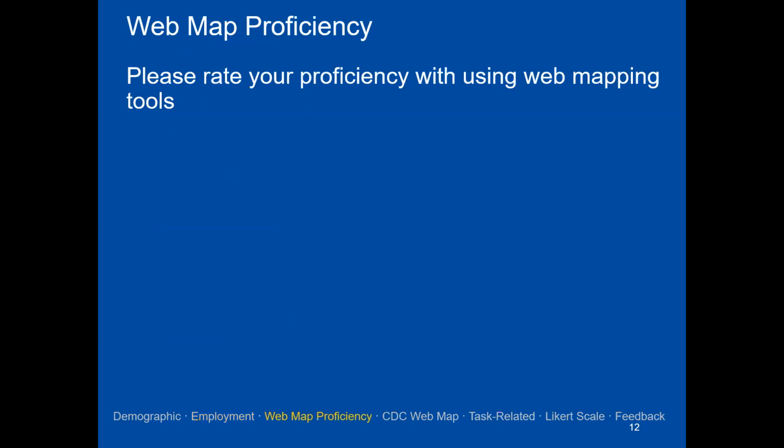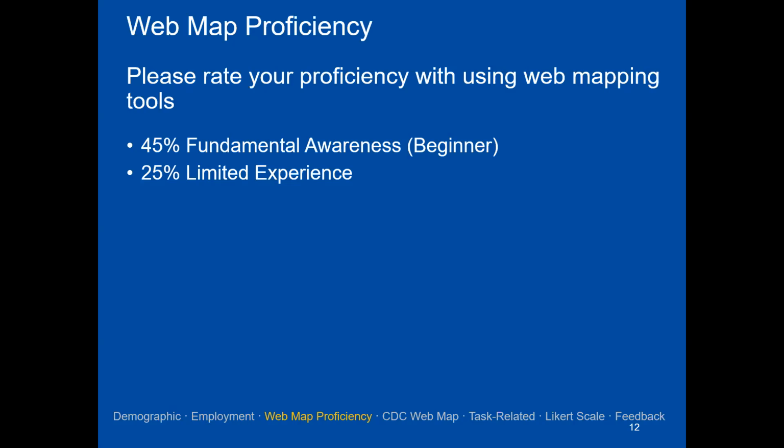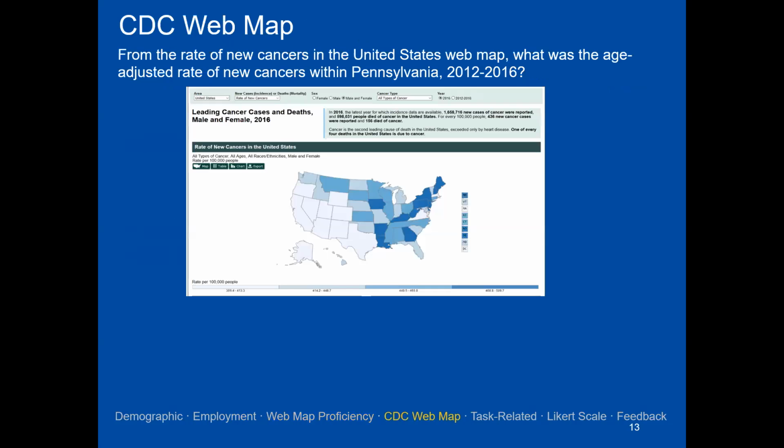Please rate your proficiency using web mapping tools. As I said before, this was developed for self-competency: 45% fundamental awareness, 25% limited experience, 20% intermediate, 10% advanced, and 0% experts.